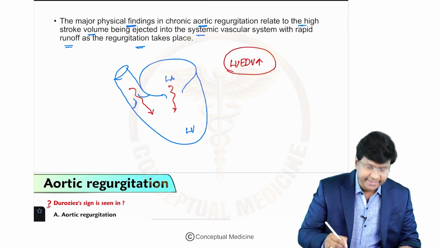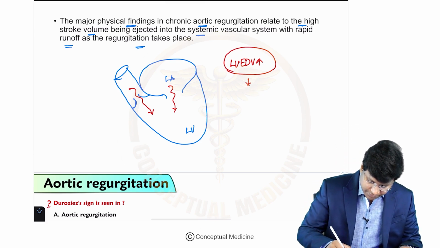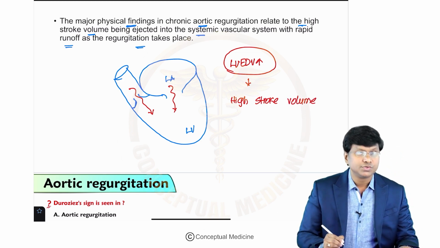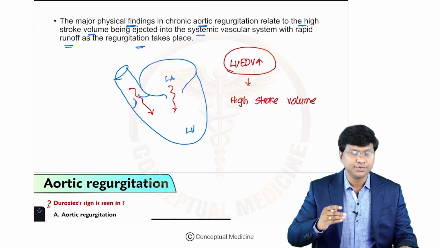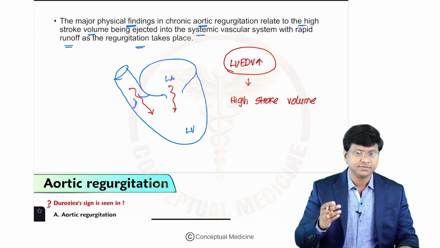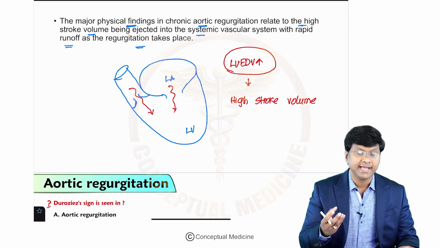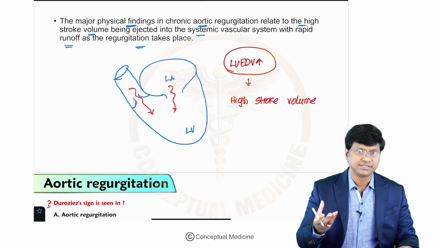As the LV end diastolic volume increases, there will be a high stroke volume. Once there is a high stroke volume, there is rapid ejection of blood into all the peripheral vessels, and thereby you will have a bounding pulse.